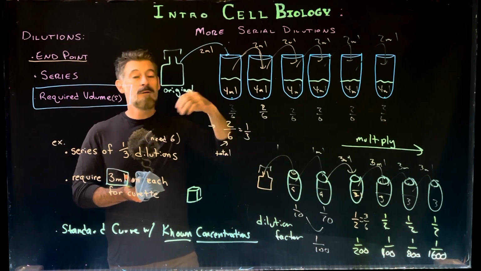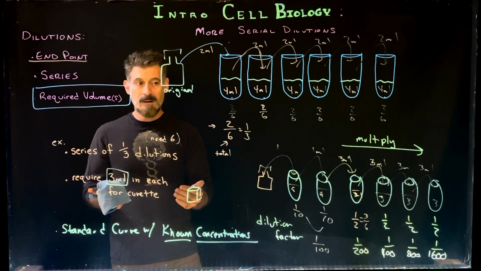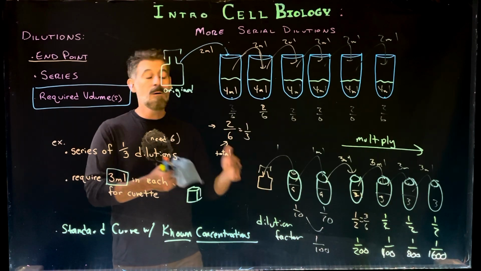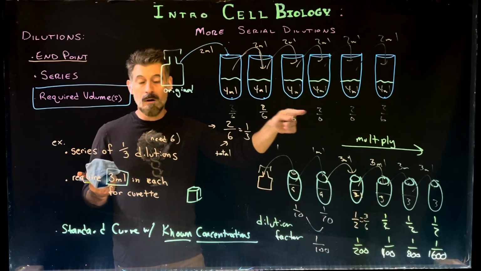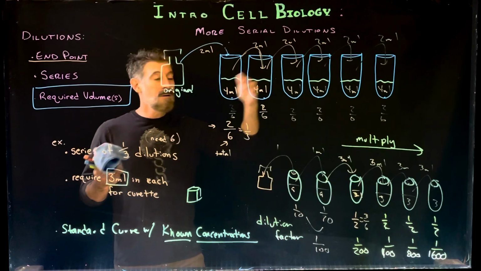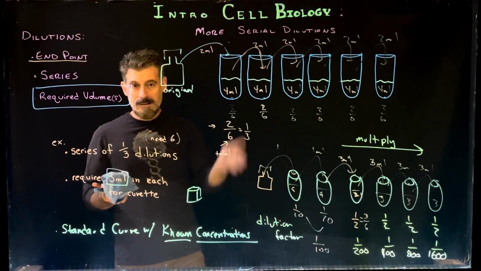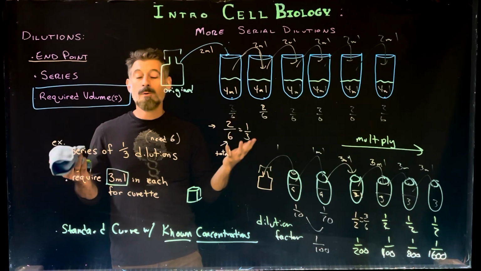So if you're getting 1 to 3 dilutions, or 1 to 2 dilutions, or 1 to 10 dilutions, and you're actually doing it, 1 plus 9 is 10, or 1 plus 2 is 3, or whatever you're using, if that works out and you multiply them across, 3 times 3 is 9, 9 times 3 is 27. So if you're getting the dilutions and multiplying in this way, and adding as you add, it doesn't matter the volumes unless you're told they matter.